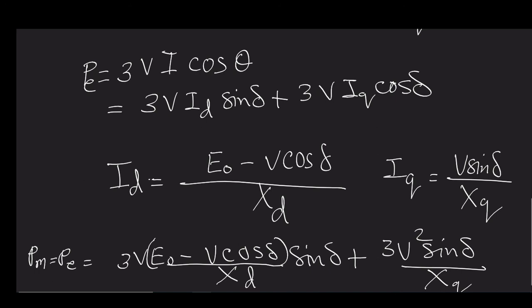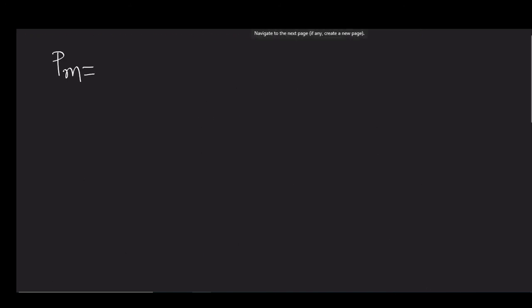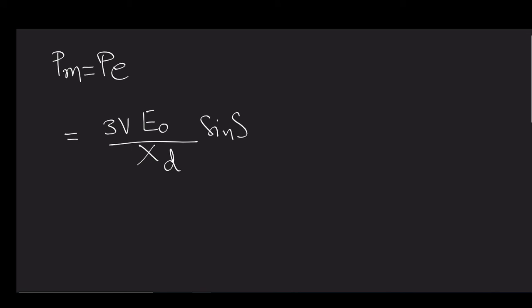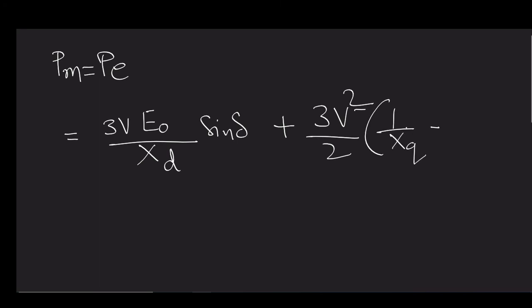Now, from this, what we can further write, we will get Pm is equal to Pe is equal to 3V E naught by Xd sine delta plus 3V square by 2 times 1 upon Xq minus 1 upon Xd, sine 2 delta.